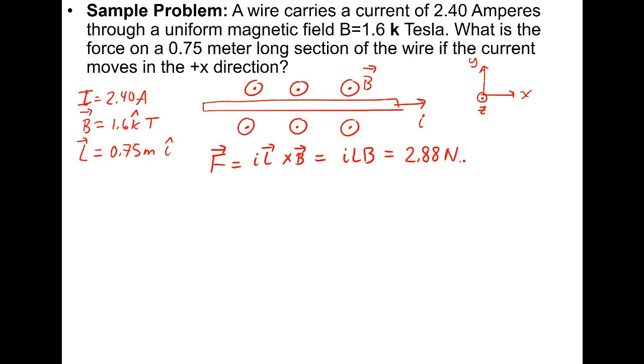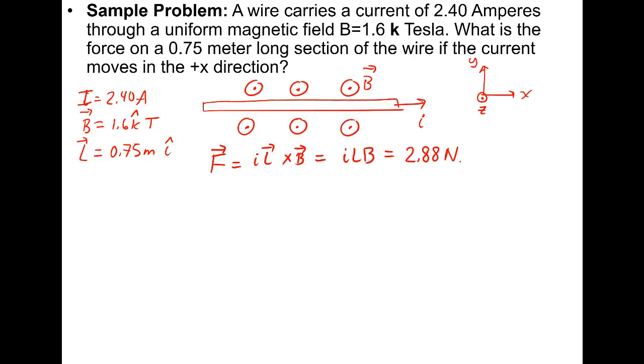Okay, but what direction is it going? So what you want to do is set down your pencil for a second if you're taking notes. Take your right hand, or hold on to your pencil if you're a lefty, but take the pointer finger of your right hand and point it in the direction of the current. That's also the direction of L. Then rotate your hand. For me, I have to flip my hand over so that my palm is facing me, so that the magnetic field is coming out of the page.